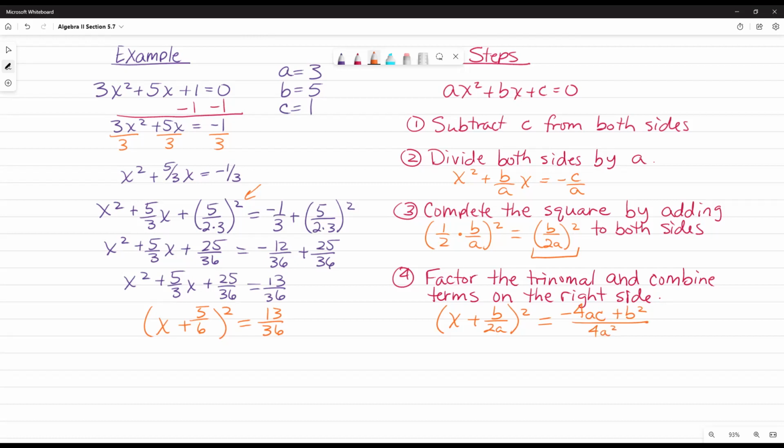So we have factored it down into a squared equation that we can solve. That is the 5 over 6 squared. Because what's 5 squared? Is that okay? So this is the 5/6 squared.